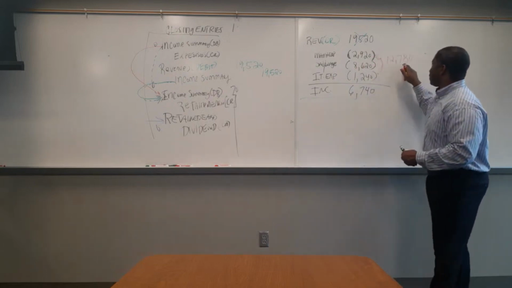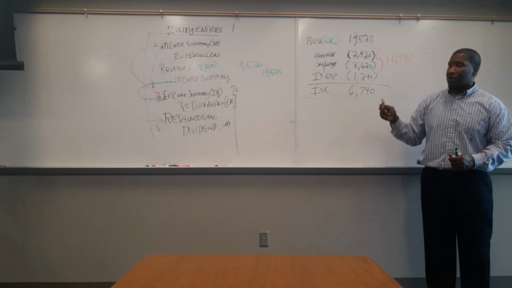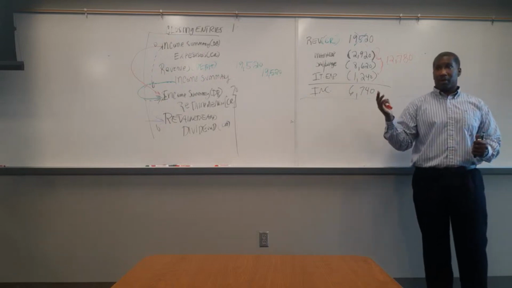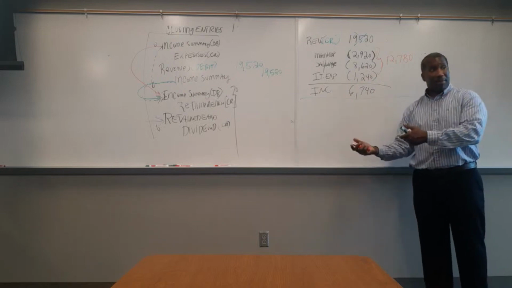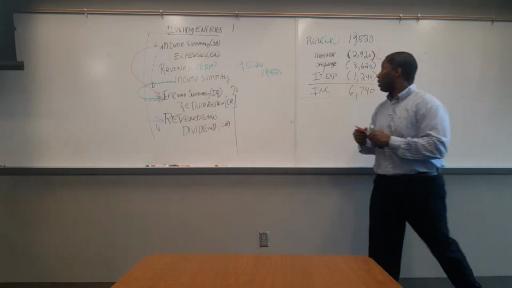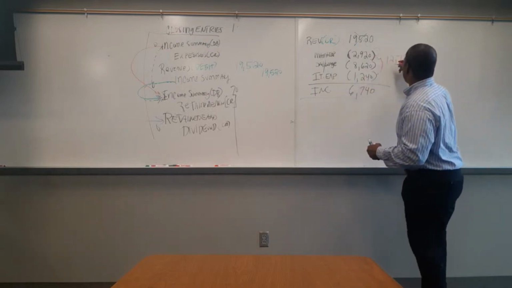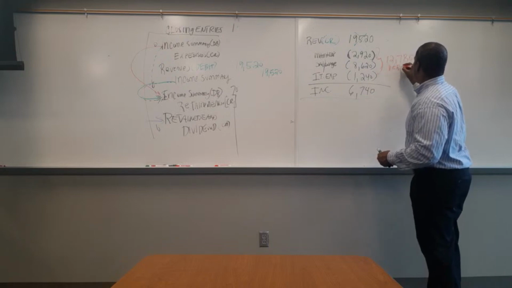So, $12,780. Every time I record an expense, I record that expense as a debit. We agree? Journal entry. Always put it on the books with a debit. So if I put it on with a debit, I take it off with a what? With a credit. There we go. So these were previously debits.